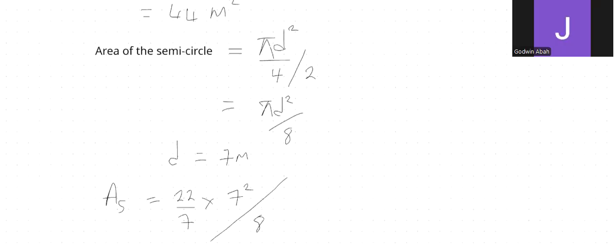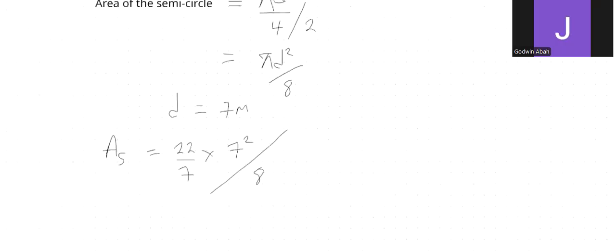If you simplify further, you'll notice that this 7 is going to cancel one of these 7, so you are left with 22 multiplied by 7, then all over 8.